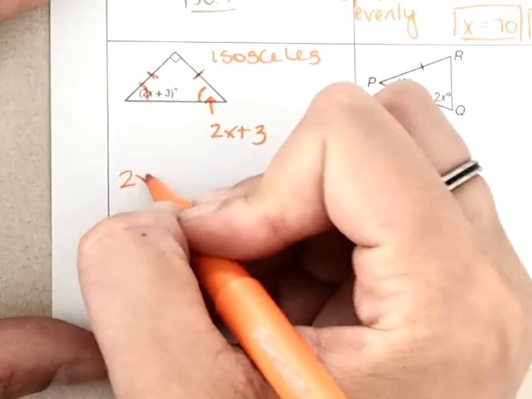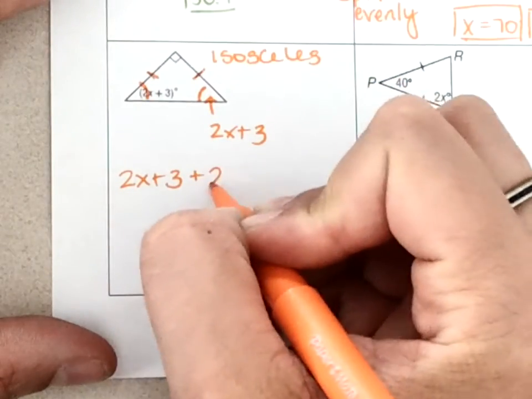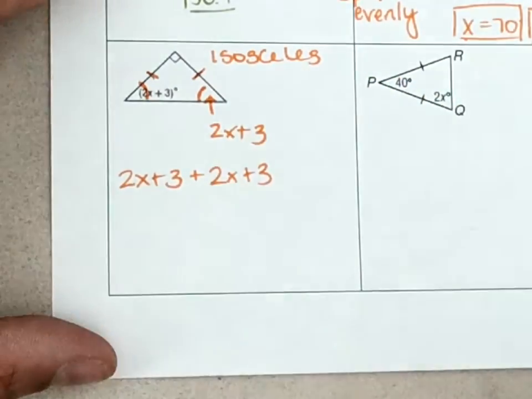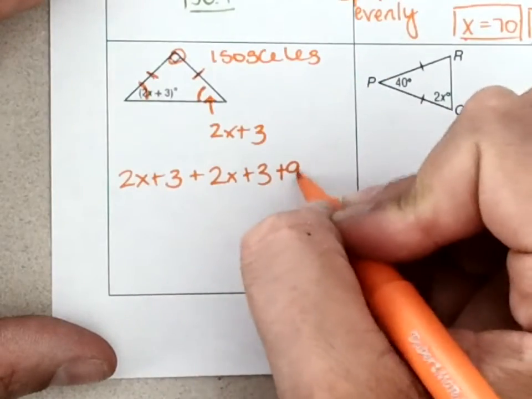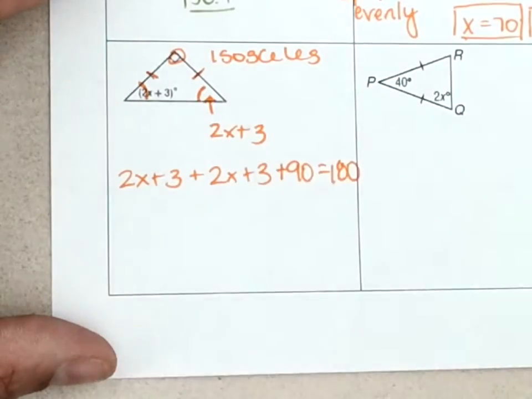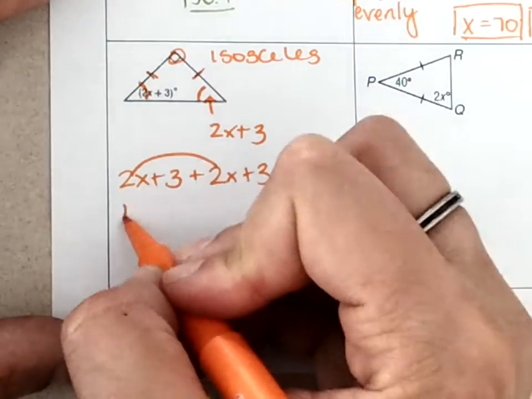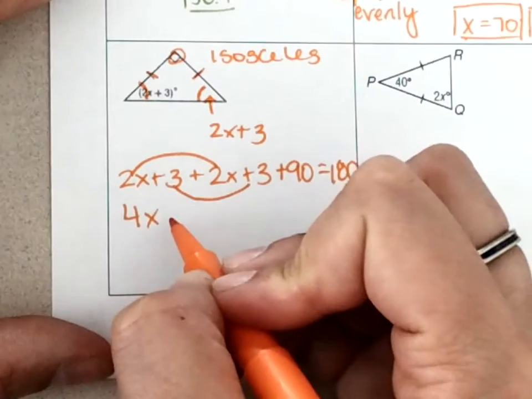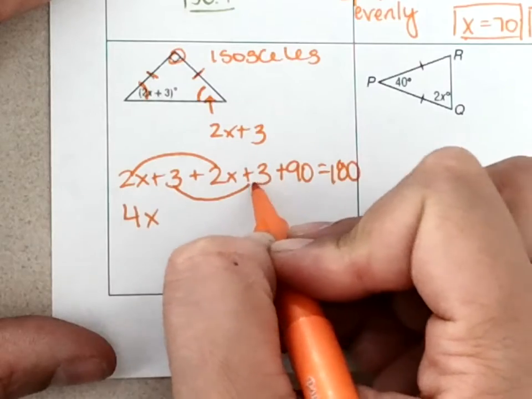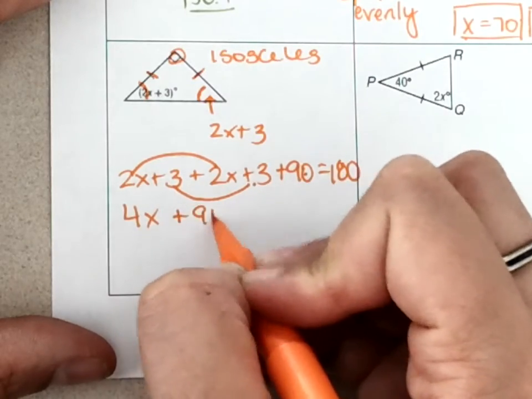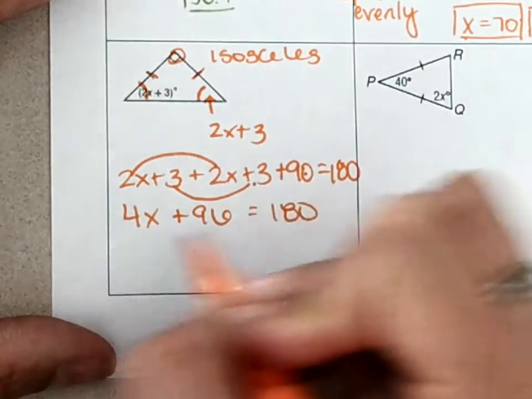We're going to take 2x plus 3 and add it to itself twice for each of the base angles, plus 90 degrees for the right angle, set equal to 180 because there's 180 degrees in a triangle. 2x plus 2x is 4x, 3 plus 3 is 6, 6 plus 90 is 96 equals 180.